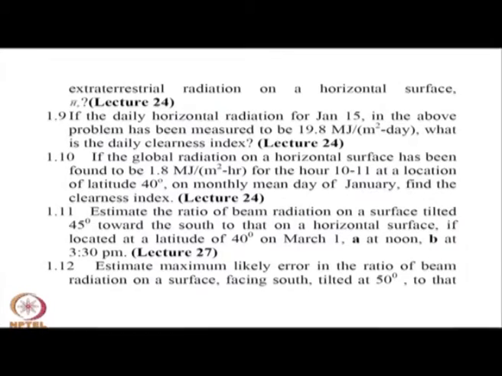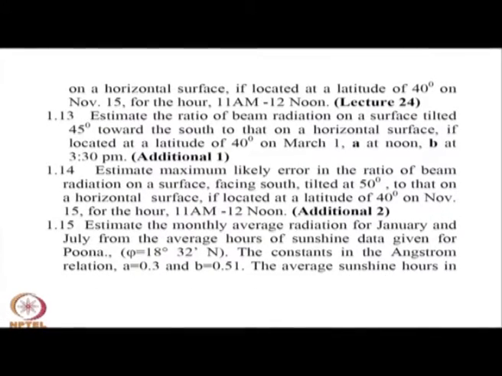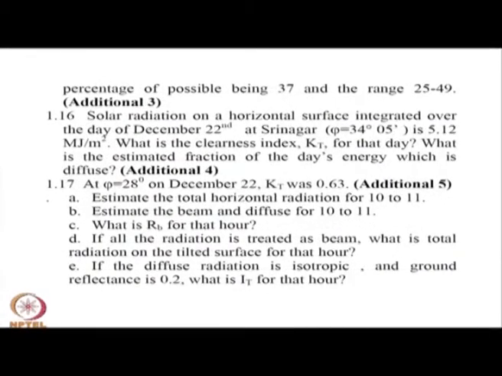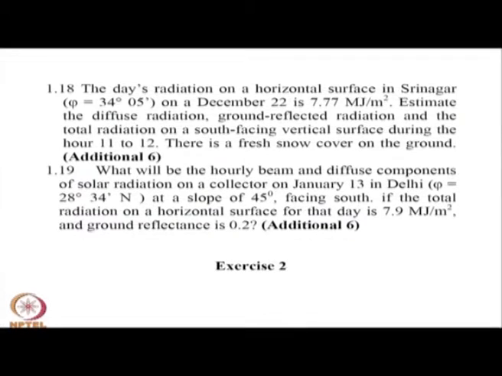So, there are up to 1.12 I think I have solved, and 1.13 to 1.17, 18, 19, these are the additional problems you can solve, but let me also tell you the methods to solve these problems are available when we solved F chart and phi bar F chart problems.